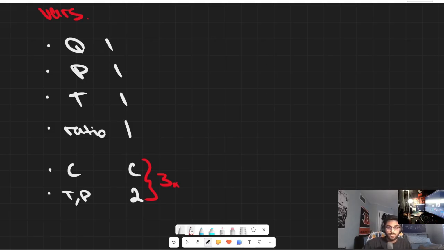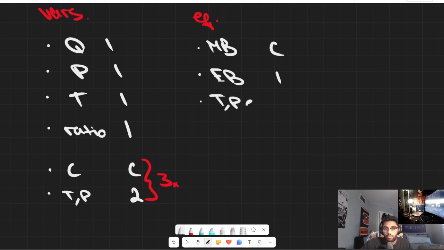For the equations, again, usual suspects are your mass balance for your C number of components. You have your energy balance for the system. And then you have your temperature, pressure equality. You have 2 attributes for 2 streams, so you'll have a total of 4 there, but we'll do that later.